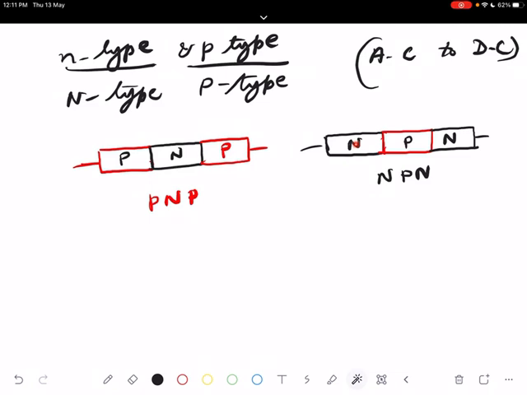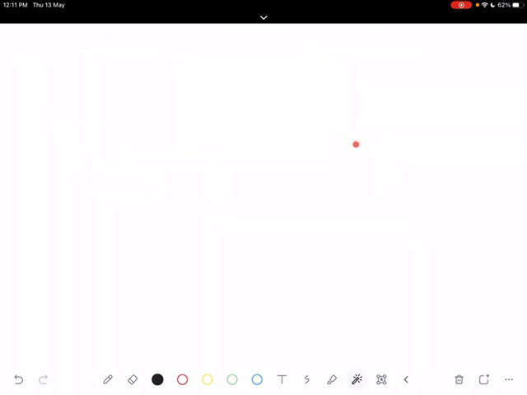But silicon and germanium are not easy to get every time. So a large variety of solid state materials are prepared by a combination of 13th group and 15th group elements. We call these 13-15 compounds.